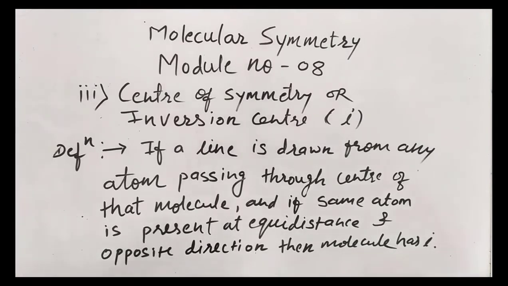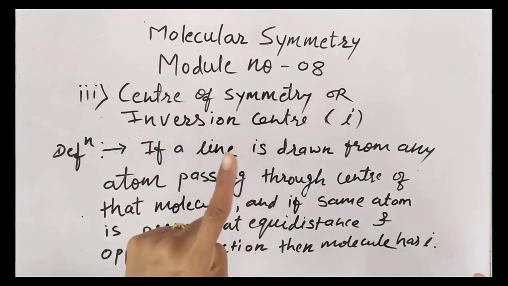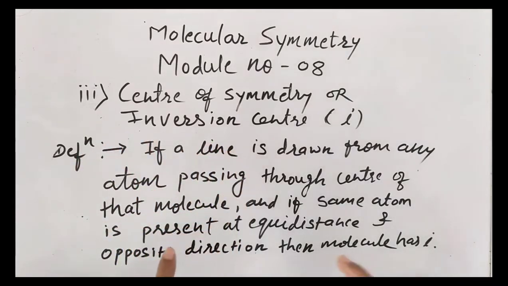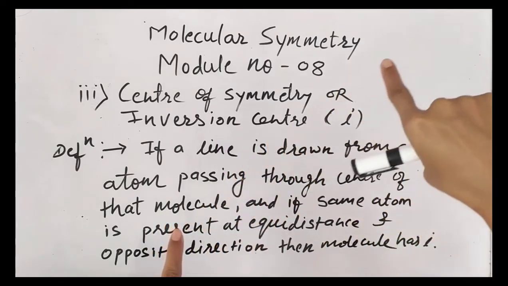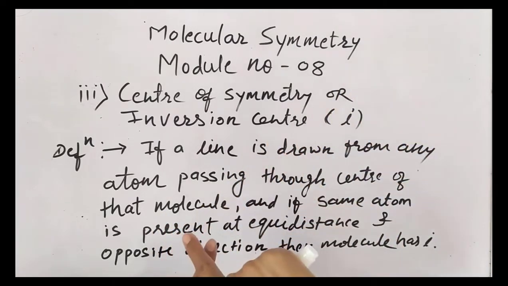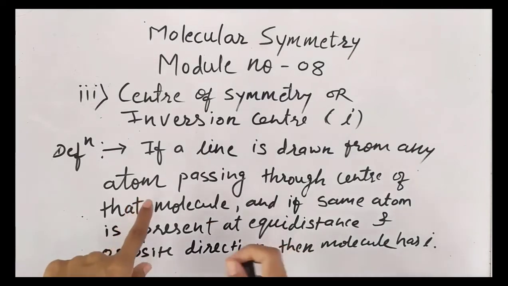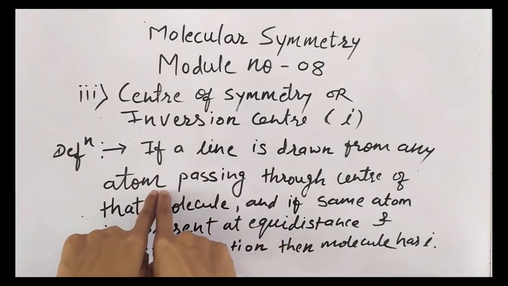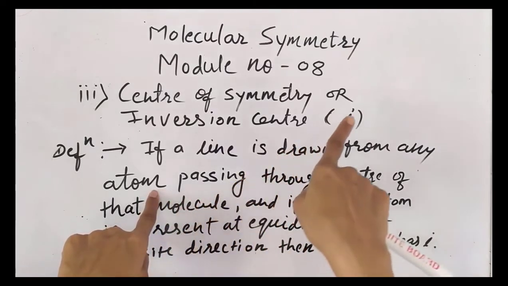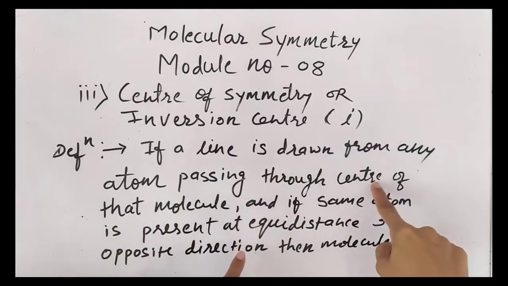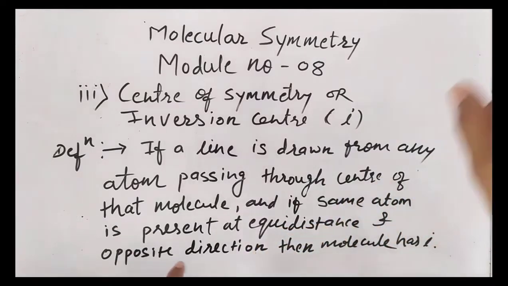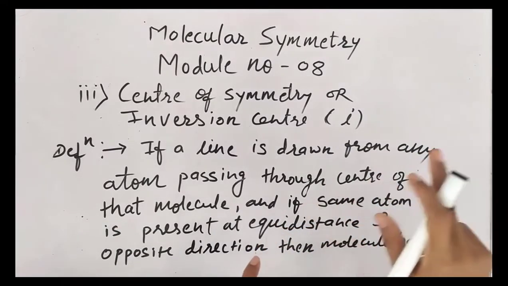I am repeating it again. We have to choose any one atom from that molecule, and from that atom we have to draw a line. It should pass through the center of that molecule. We know that every object in nature possesses a center of gravity, CG. So we have to draw a line from any atom so that it passes through the center of gravity or center of that molecule, and extend the line in the opposite direction.